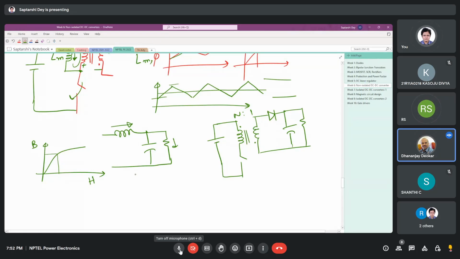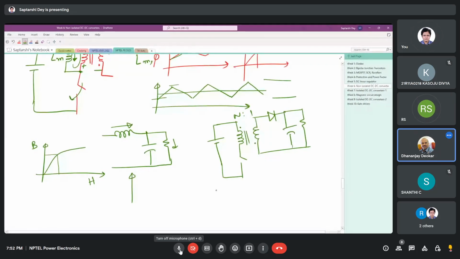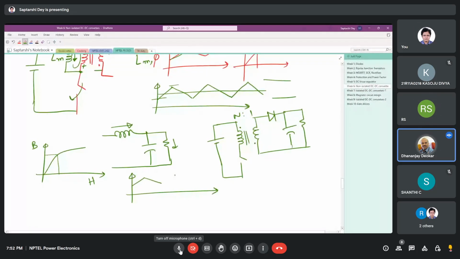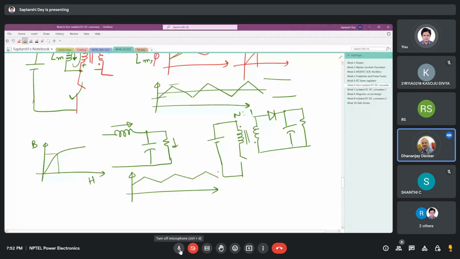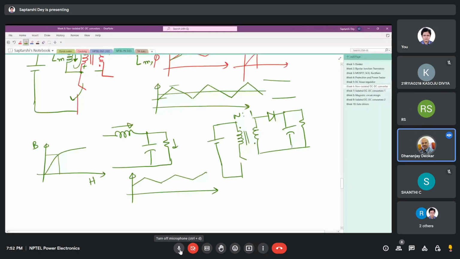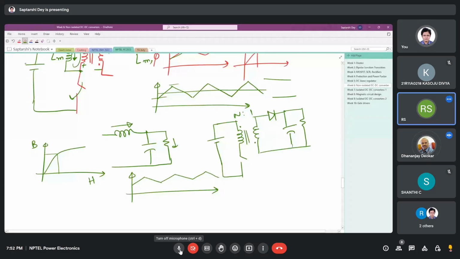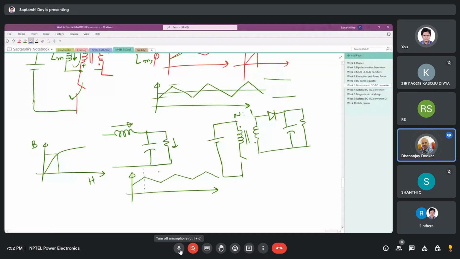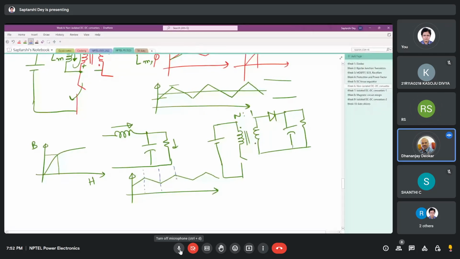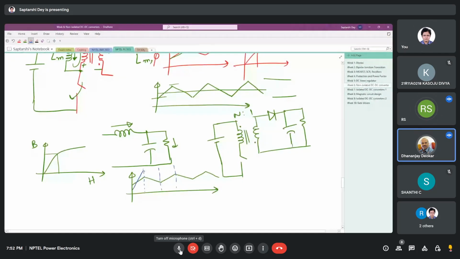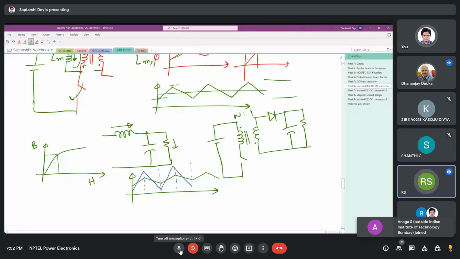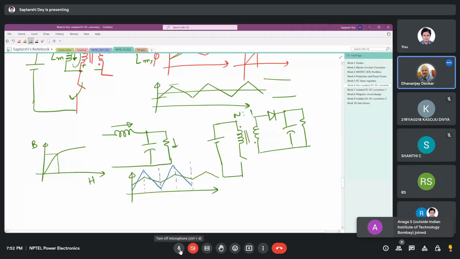What I am saying is, suppose for a given frequency you have the inductor current like this. Now, keeping the load the same, you reduce the frequency, and the circuit does not go to DCM. You have that much room. With reducing frequency, your current ripple will increase.